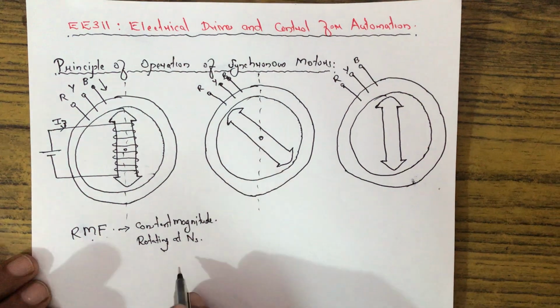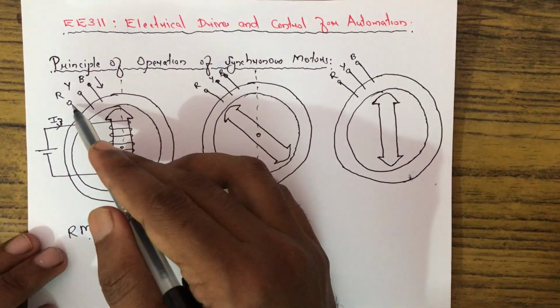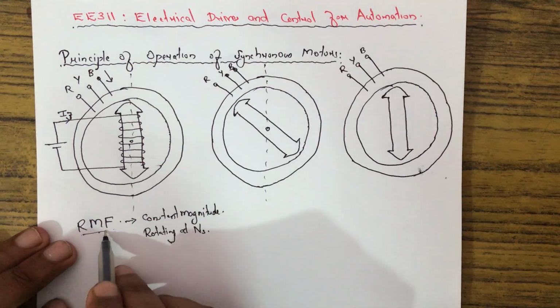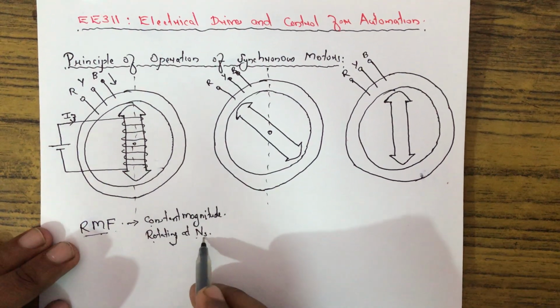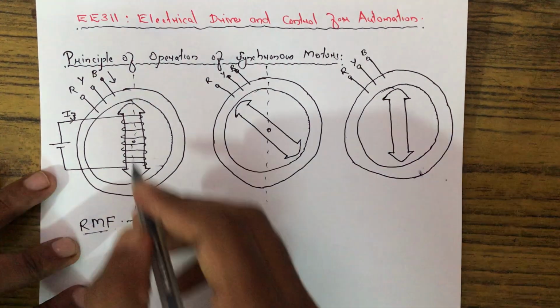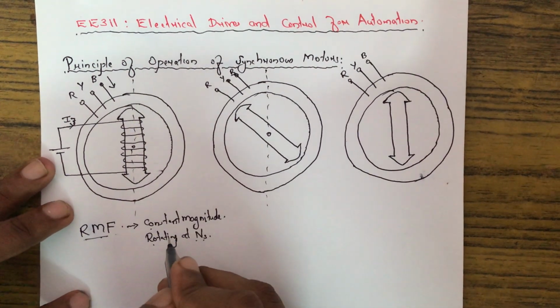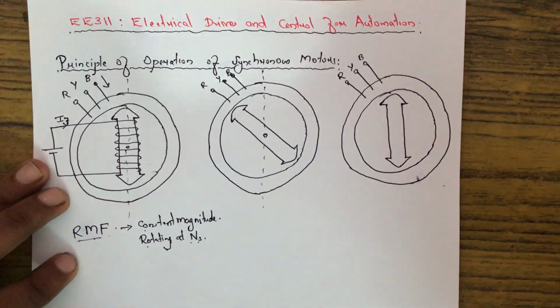Okay, so whenever a three-phase voltage is given to the three-phase winding, a rotating magnetic field of constant magnitude and rotating at synchronous speed is produced in the stator.